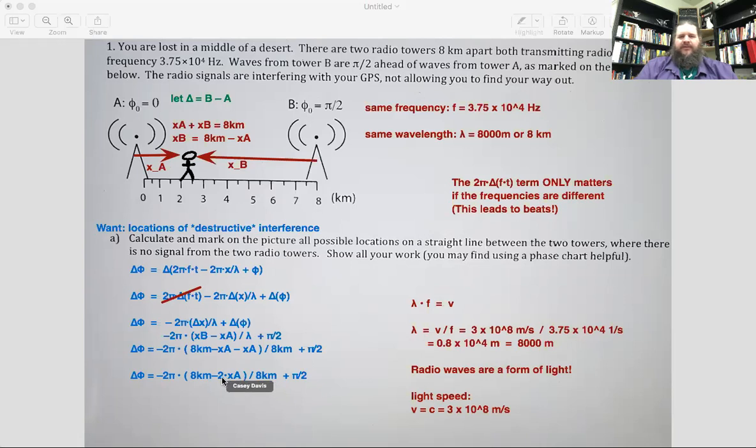And now for the actual physics of interference here. We specifically want destructive interference. What has to be true about delta total phase to create destructive interference?